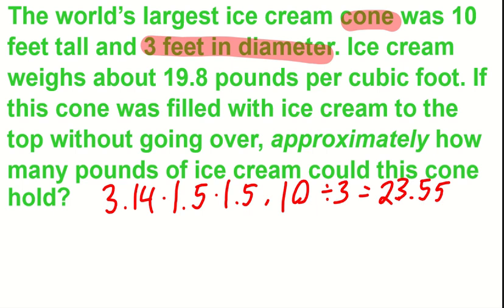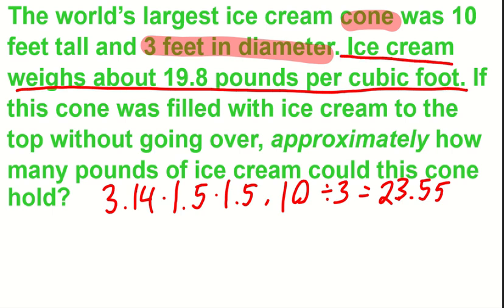Yeah, I know a couple of y'all did based on the answers you gave. All right, so now the next part. It says ice cream weighs about 19.8 pounds per cubic foot. I forget who said 4 point something, but you subtracted. Right track, wrong type of math, wrong operation.